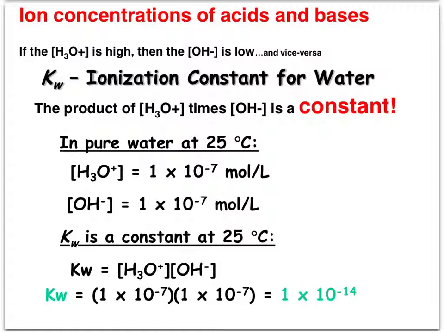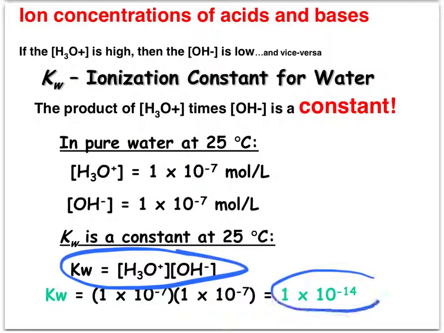Multiplying those two values to each other results in a value of 1 times 10 to the negative 14. Having this equation and this answer allows us to solve for one or the other of these concentrations with a little bit of simple algebra.